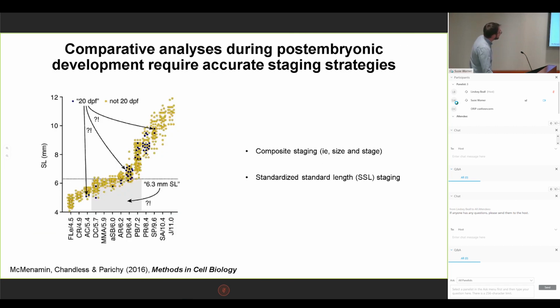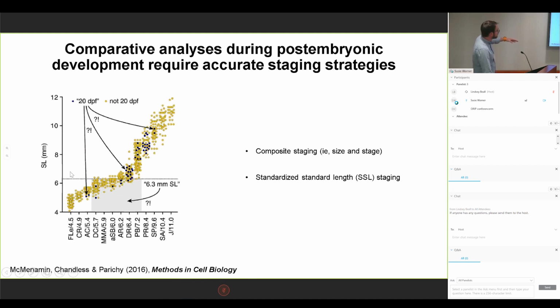And this is primarily because the fish are independently feeding, and they're growing at vastly different rates. So Dave Parichy did a study where he looked at the relationship between fish size and fish development during these post-embryonic stages, and he showed that fish that were 20 days old, shown here in black dots, covered a huge size range.